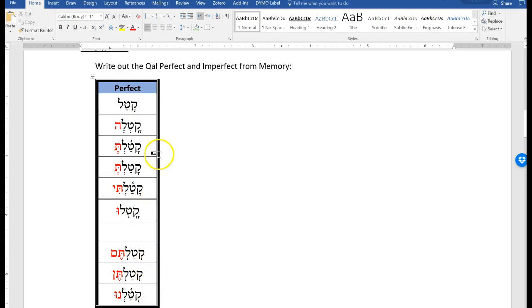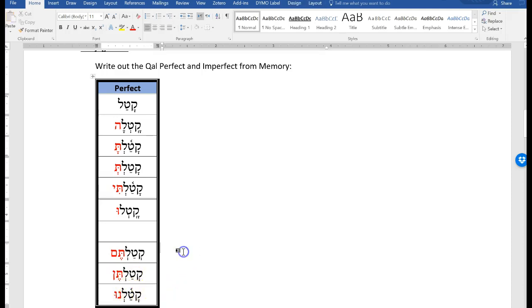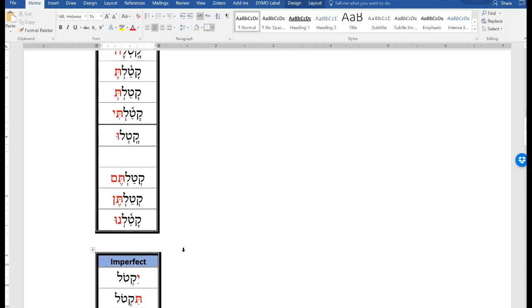You want to be able to get the accent marks, katalta and katalti. Make sure you have the accent mark there. The metheg, katila, make sure you get there. Katlu, metheg, and katalnu, accent mark. So make sure you get those right.